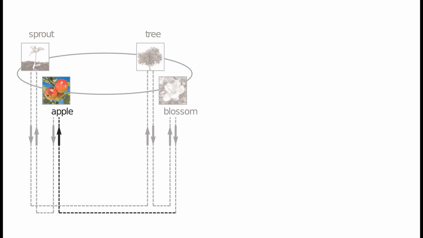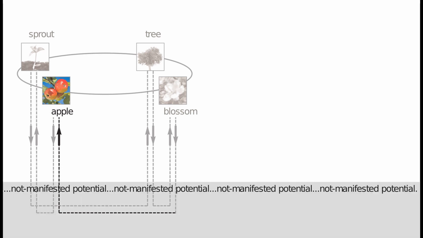Something has dissolved here, is no longer there, and at the same time what emerges is not there yet. In these transitions there is nothing manifest, from which then something new manifests itself. That's why I call this area the not manifested potential, shown here as a light gray area in the lower part of the graphic.